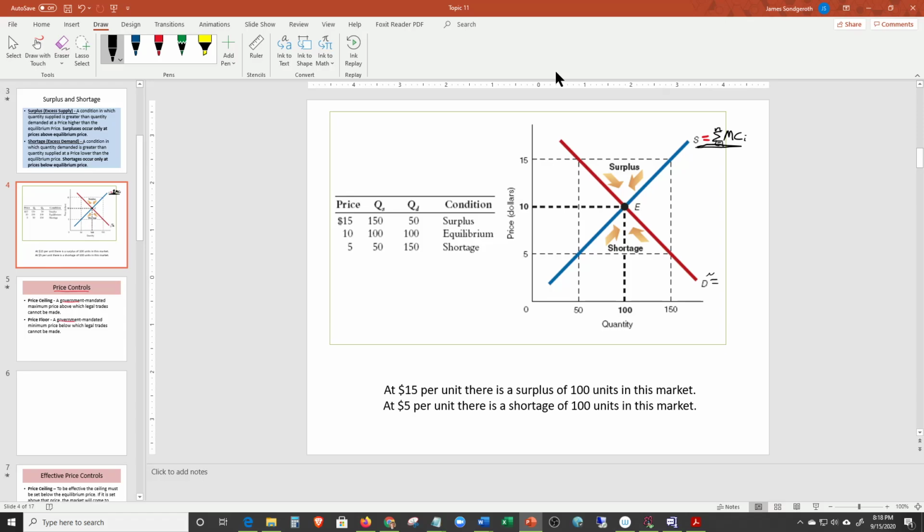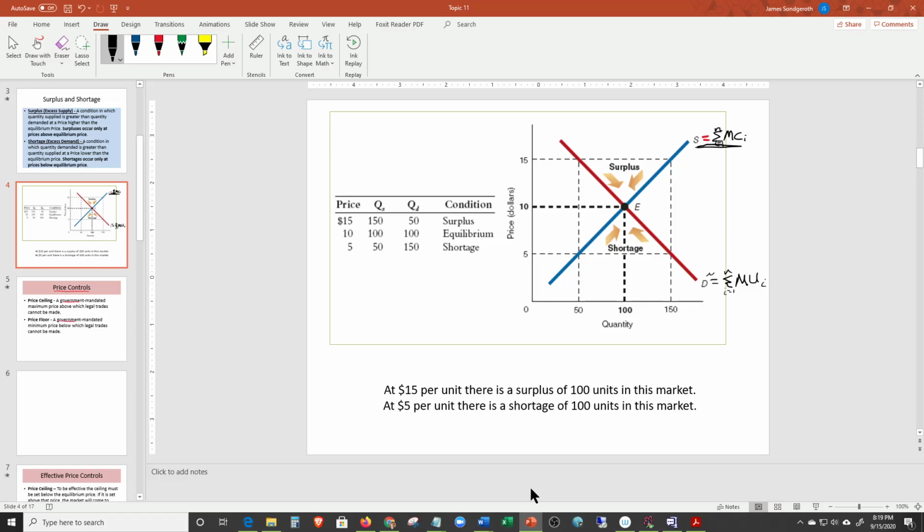The demand curve, more or less, and I'll put a little tilde sign above, meaning more or less, is equal to the sum of the marginal utility, the marginal benefit that consumers get from buying and consuming the good. We add all of those up for the total population in the market, and we get the demand curve.